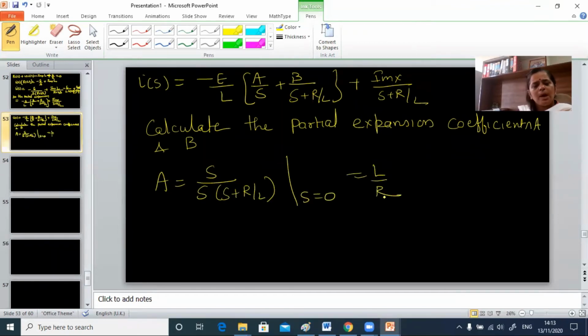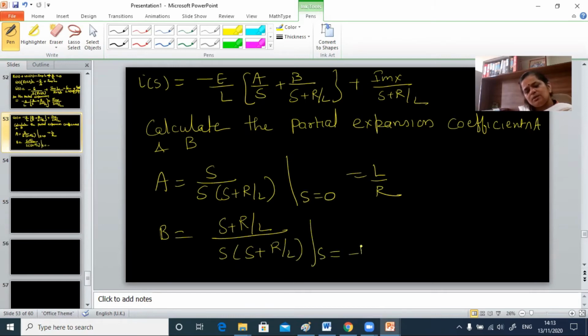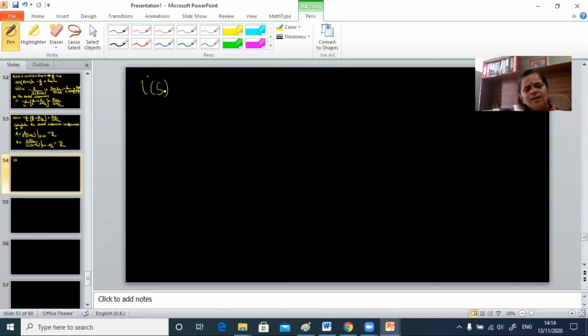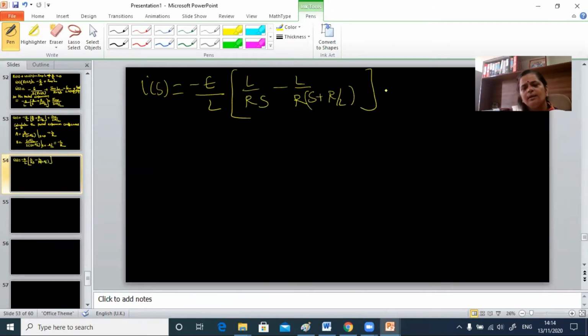So this is L by R. And B I will calculate S plus R by L में S by S into S plus R by L, put S is equal to minus R by L. So this I am going to get minus L by R. Now put the value of these partial expansion coefficients. So I(s) is equal to minus E by L, L by R into 1 upon S, minus L by R, 1 upon S plus R by L. Then plus I max upon S plus R by L.